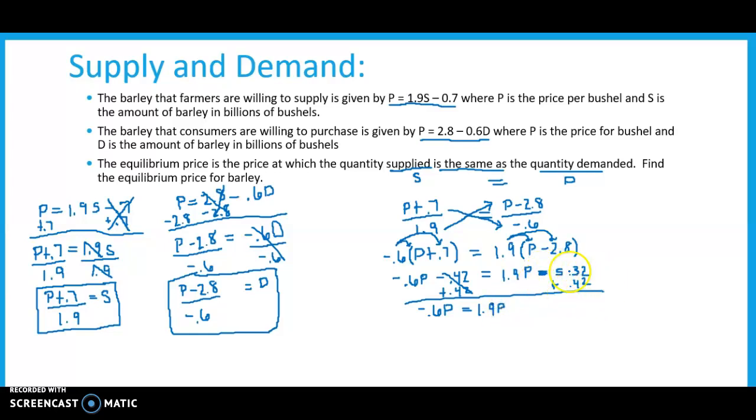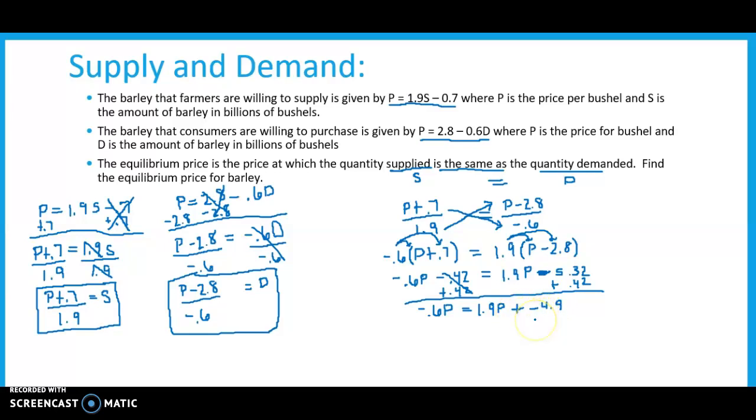And I'm doing this on the calculator. Remember, this was a subtraction here, so negative 5.32 plus 0.42 gives me a value of negative 4.9. You can just put the subtraction, or you can do what I did here, plus a negative.